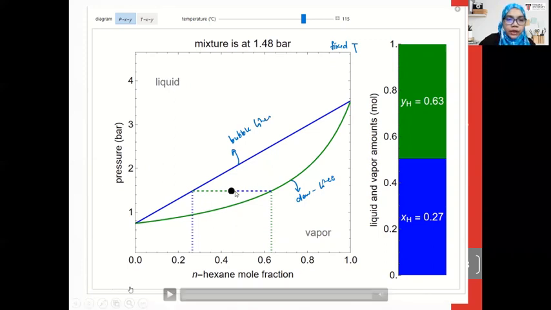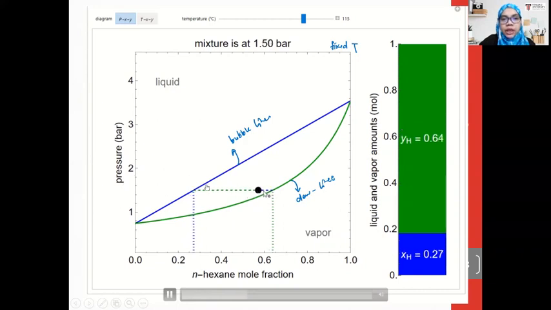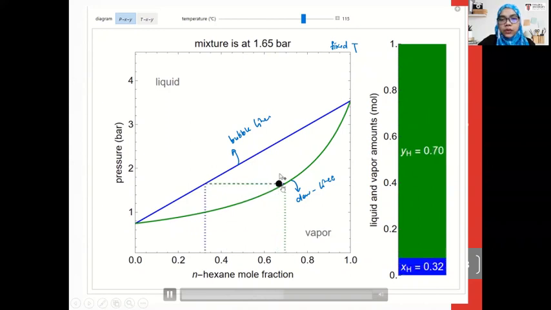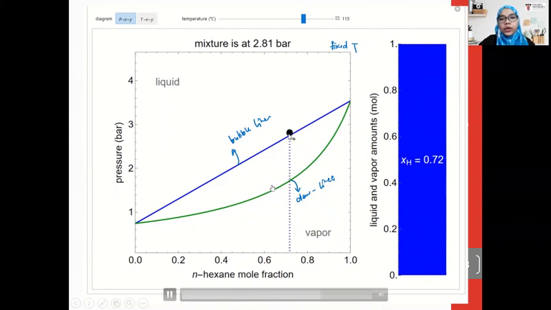If we keep the pressure constant and increase the composition, it will touch the dew line. If we increase the pressure, we will have more liquid phase until it reaches the point where all the composition is in the liquid phase.